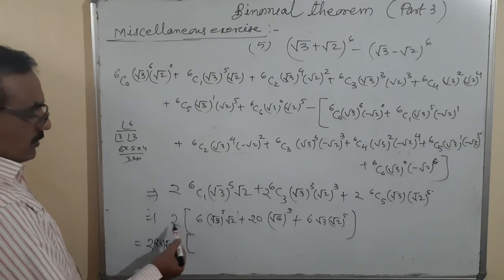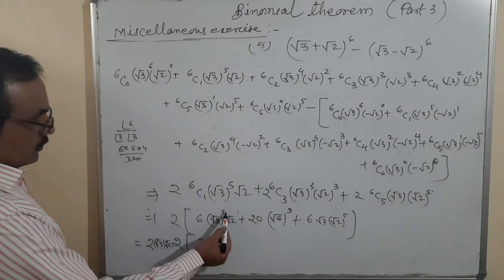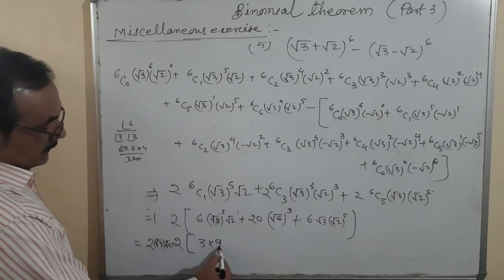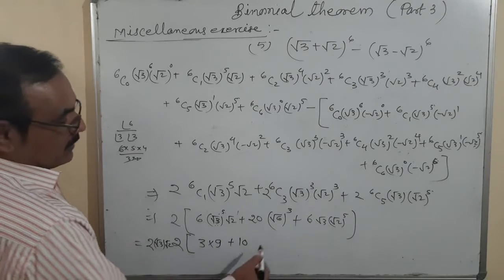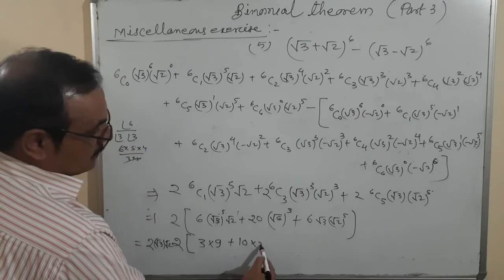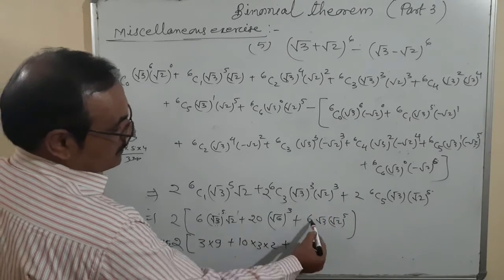So this 2 is common, it is root 3 root 2 common, here (root 3)^4, that means 3 times 3 is 9, plus 10, because 2 is already common. Here I have taken root 3 to the power 1 common, so that is 3, and root 2 to the power 1 common, so that is 2, plus 3.